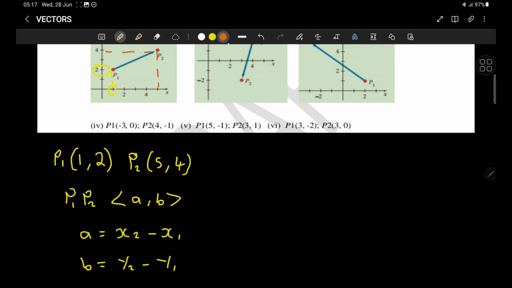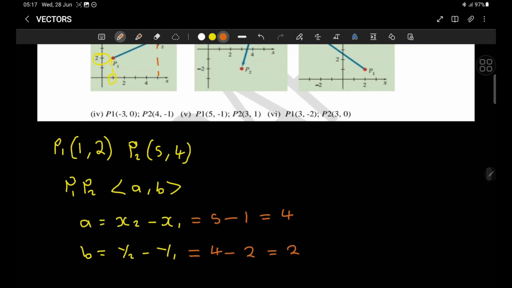So let's solve them. x2 minus x1: x2 here is 5, minus our x1 which is 1, and this equals 4. For y2, our y2 is 4, minus our y1 which is 2, and this gives us 2.